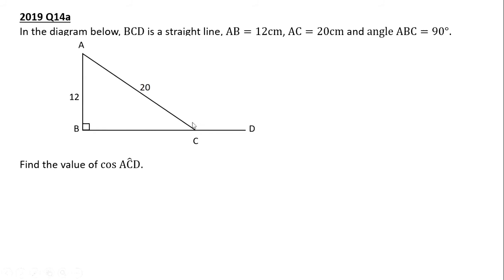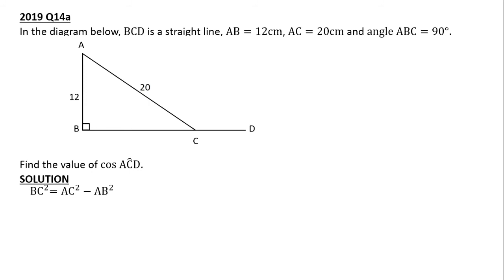So we are looking for that one. What we are going to do is find the cos of ACB, and we know that this one is less than 90 degrees, but we are looking for cos ACD in the second quadrant. So we'll take it step by step.